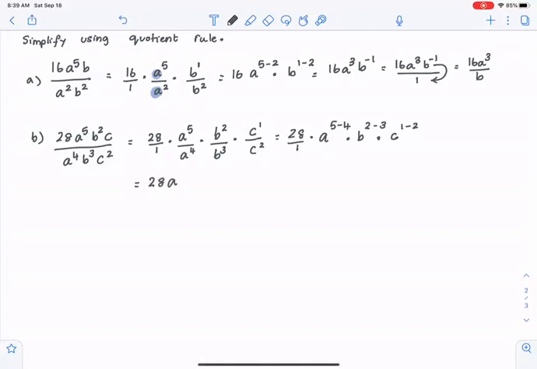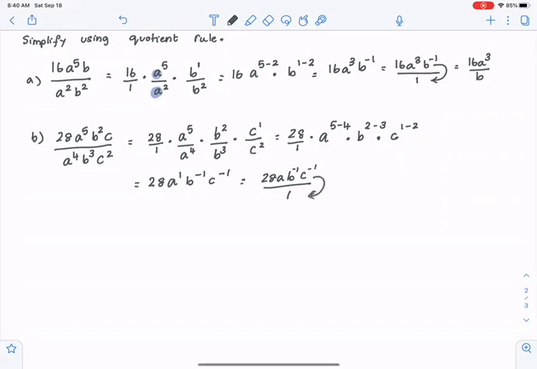28, a raised 5 minus 4 is 1. B raised 2 minus 3 is minus 1. C raised 1 minus 2 is minus 1. And I said I would like to have positive exponents just for practice. So I can write 28 times a times b raised negative 1 times c raised negative 1 over 1.